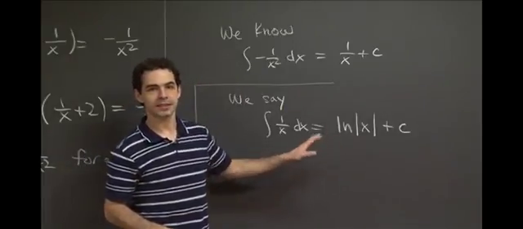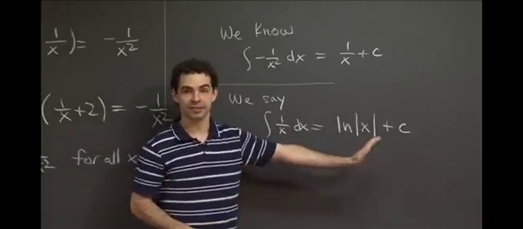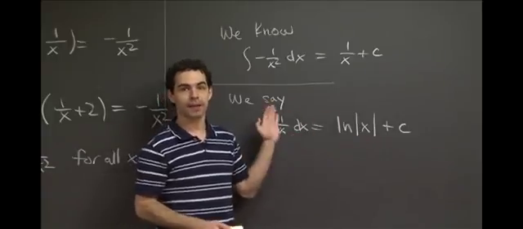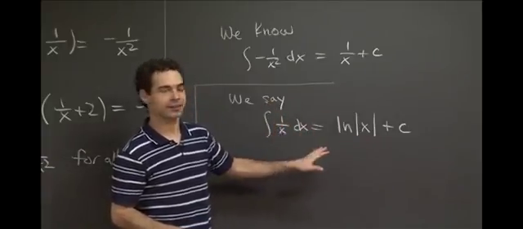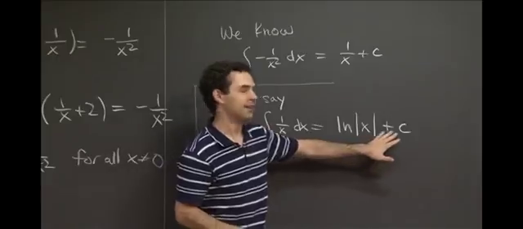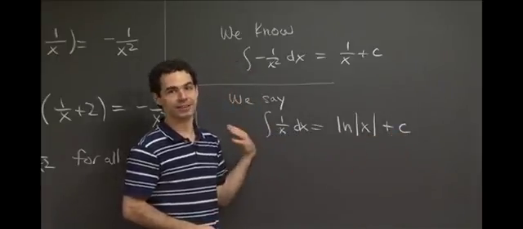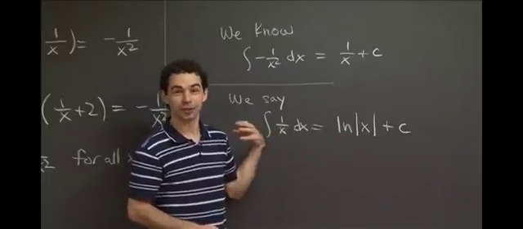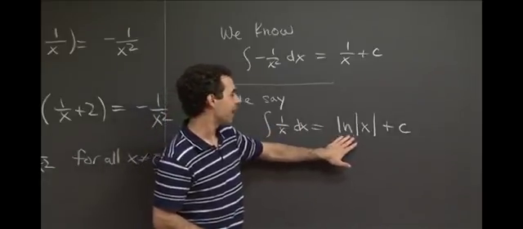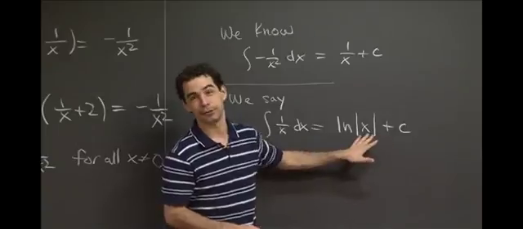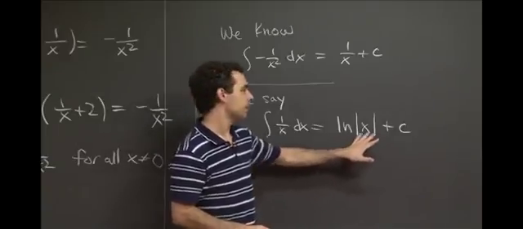What this really means is that when x is positive, we have a single kind of antiderivative, and they're of the form ln x plus a constant. And when x is negative, we have a single family of antiderivatives of the form ln of minus x plus c. Remember, absolute value of x is minus x when x is negative.